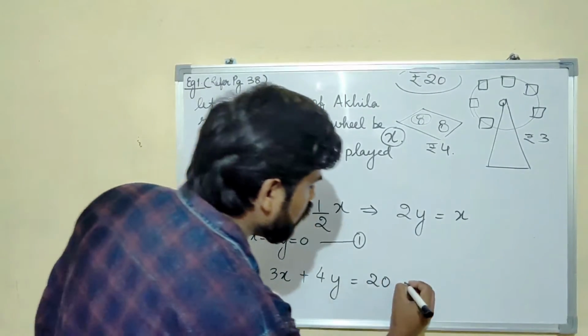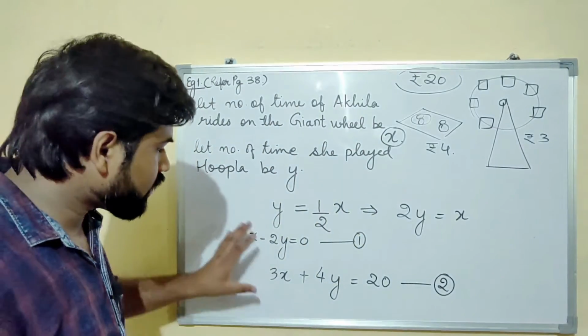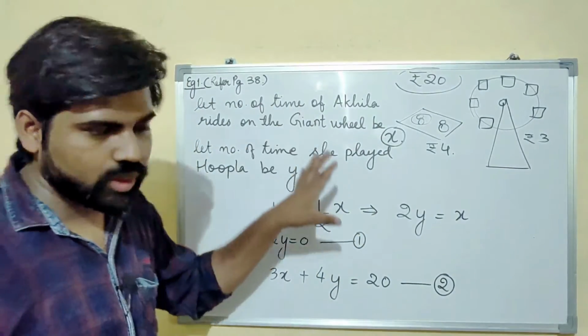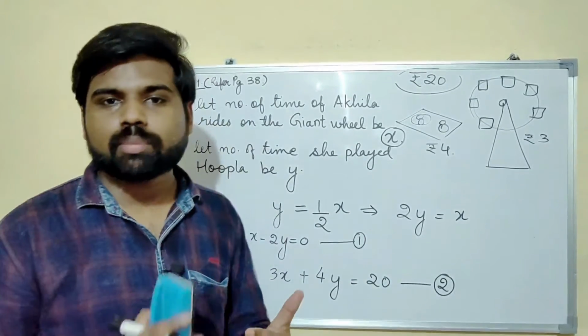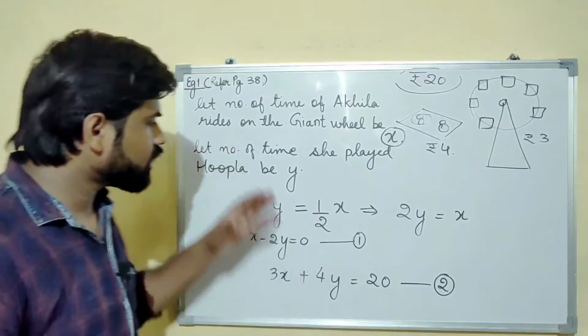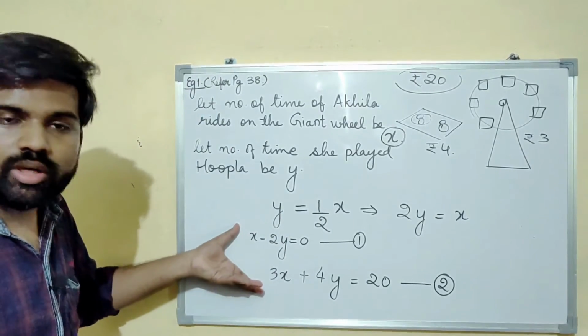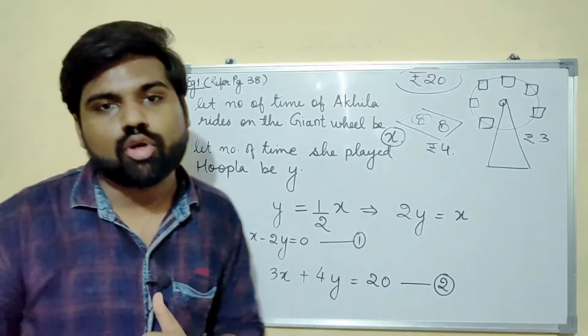Now these are the two linear equations in two variables. This is known as representing the situation algebraically. In the question it was asked to represent the situation algebraically and geometrically. So this is the representation of the situation in the algebraic format.